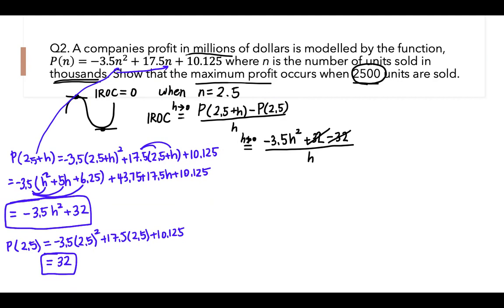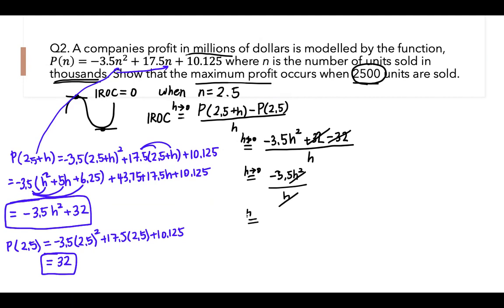And then you will also notice, as h approaches 0, that negative 3.5h squared over h, the h and h cancel out.